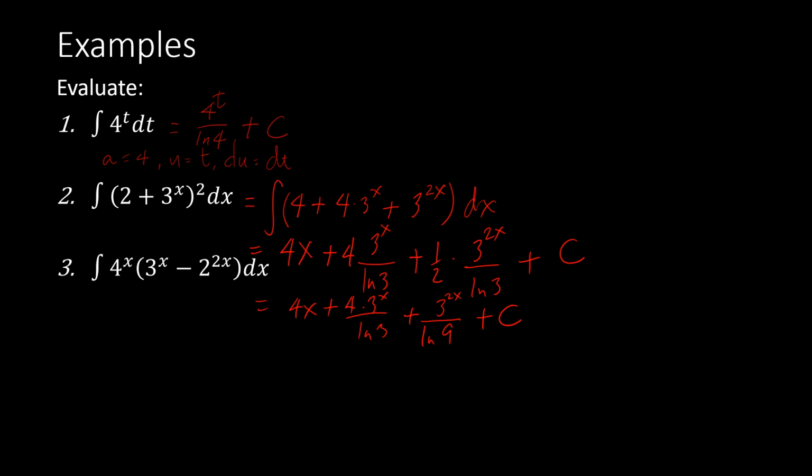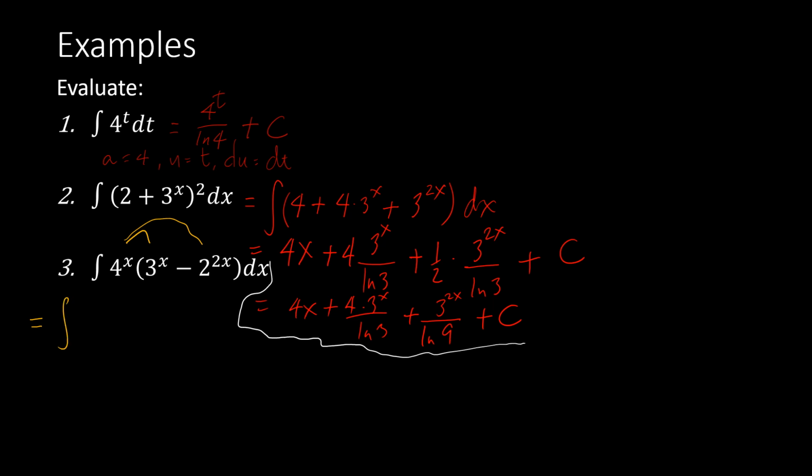Okay, then we have the next one, the integral of 4 raised to x times the quantity 3 raised to x minus 2 raised to 2x dx. So what we do is we distribute 4 raised to x.